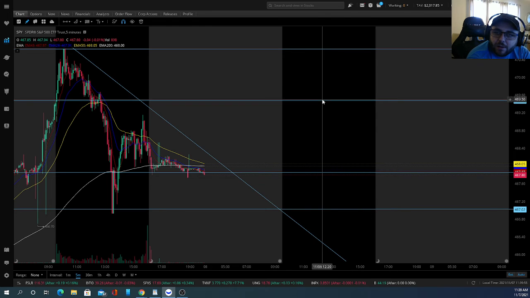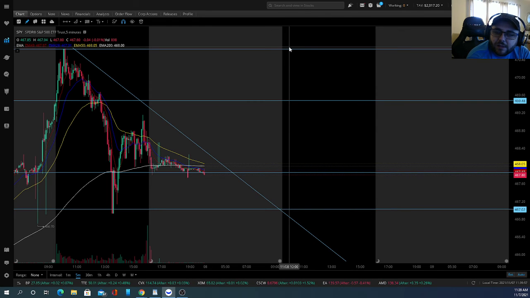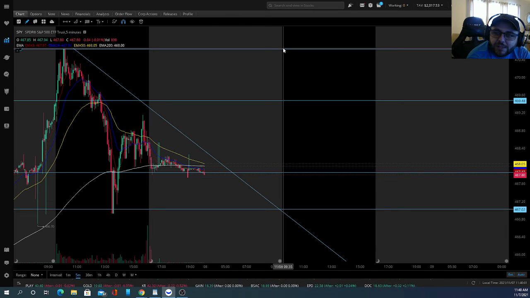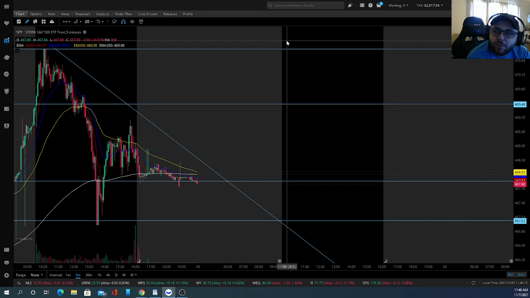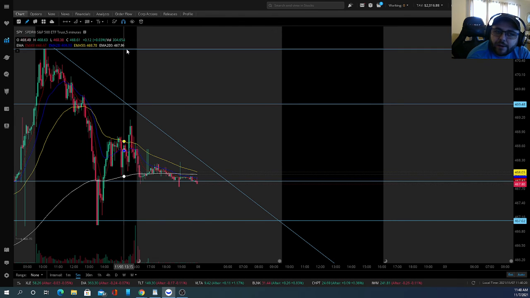Now, I would also like to cover myself with a put. If this market gaps up, continues to rip, and breaks past this 470 on Monday, then I know we're going to make some new highs, so I'll probably try to scoop up a 2-day put if we break these highs.